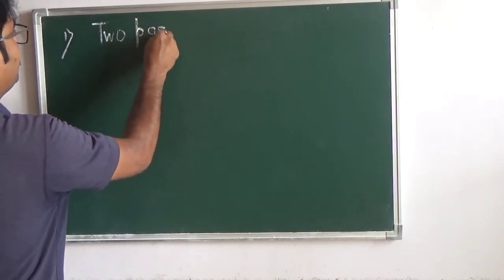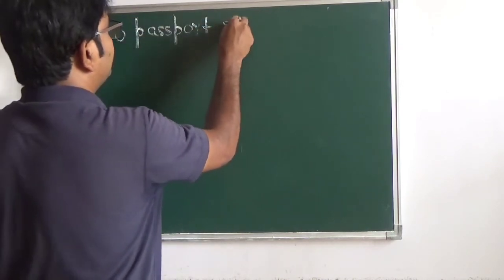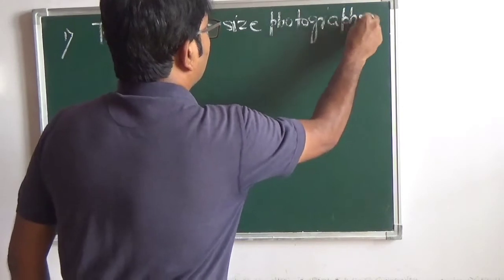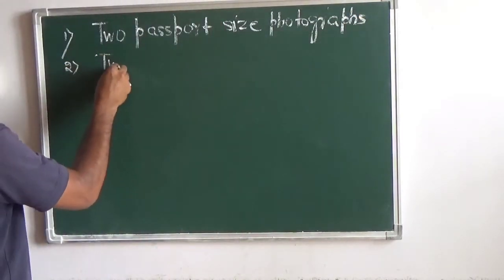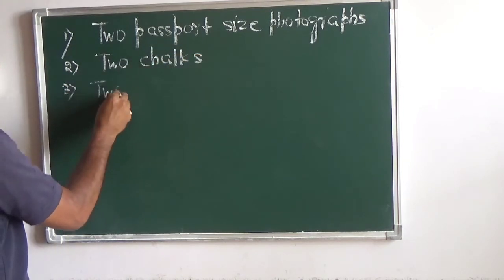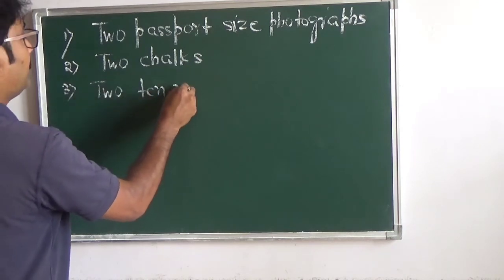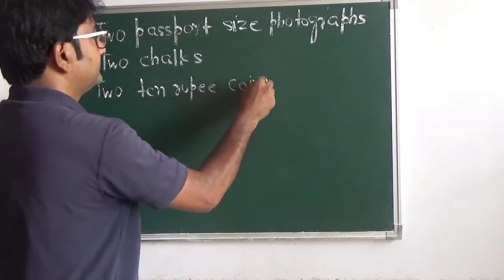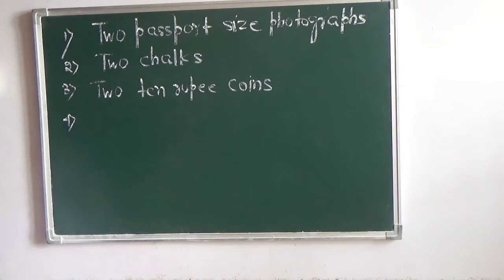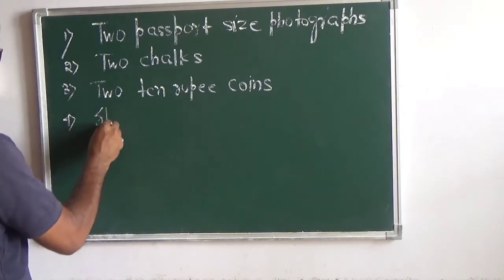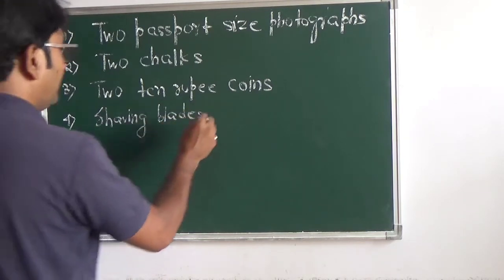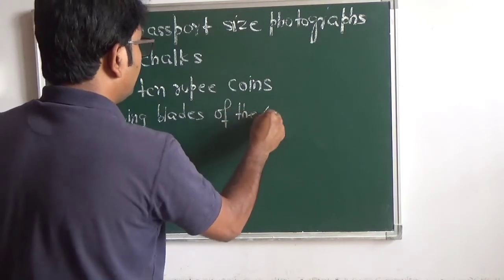Two passport size photographs. Two chalks that I am writing with. Two 10 rupee coins. Then we can have the shaving blades of the same company.